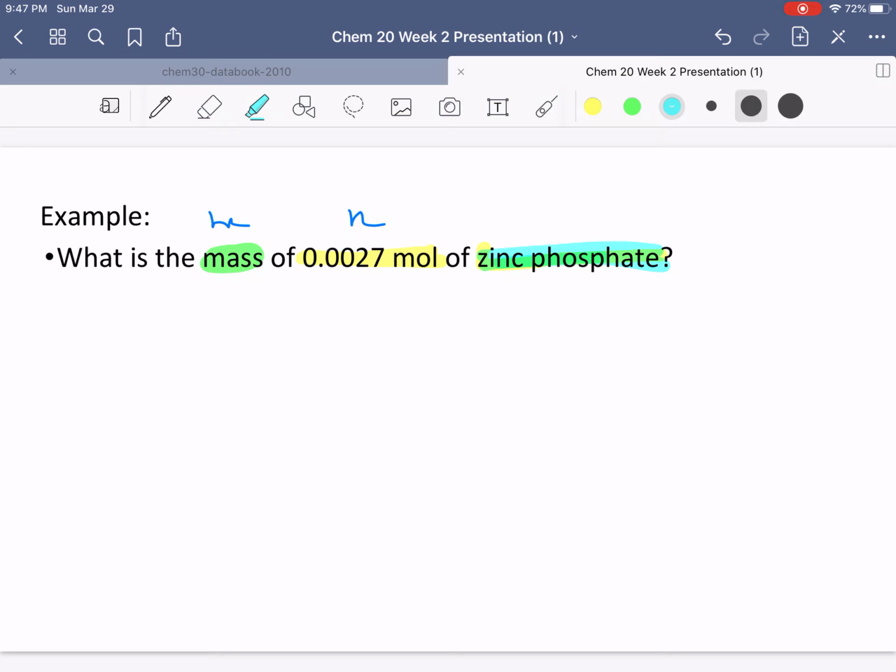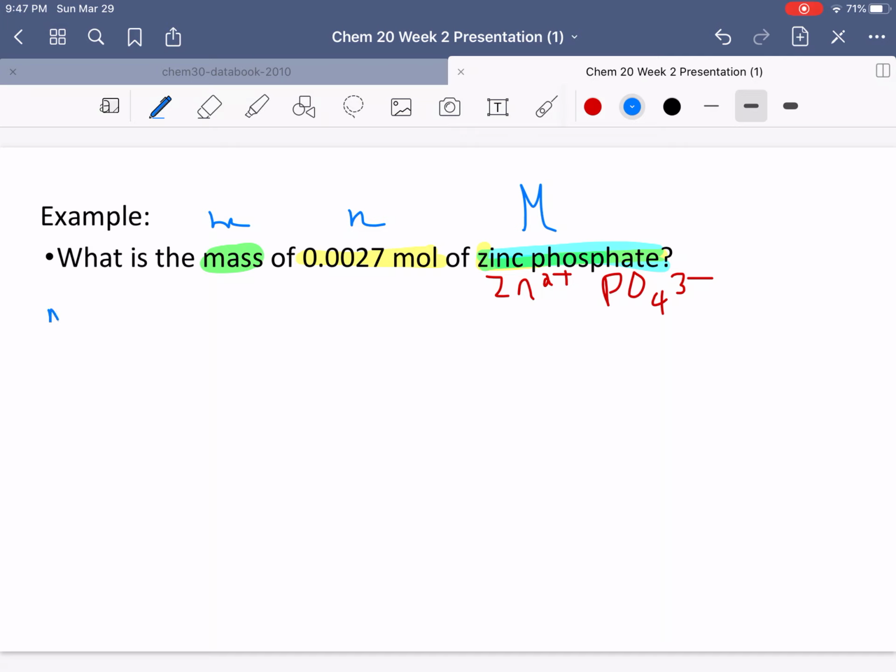That's huge because if you've been given the chemical, you have a way to figure out molar mass. Take note again, zinc 2 plus, this is an ionic compound, phosphate, PO4 3 negative. Think about how those different ions are going to balance.